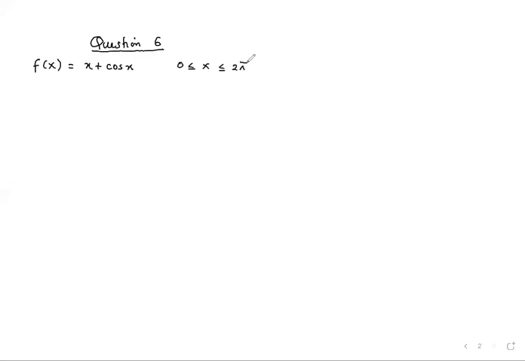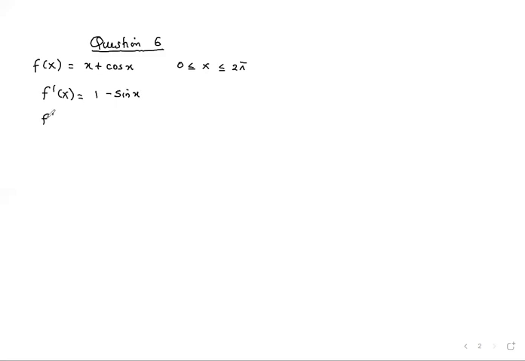Now we understand that for the points of inflection, we need to get the second derivative. So first derivative, we have 1 minus sine x.